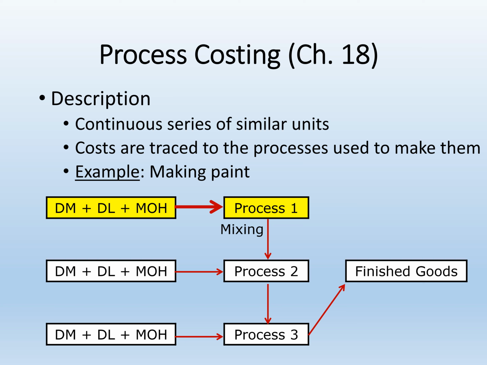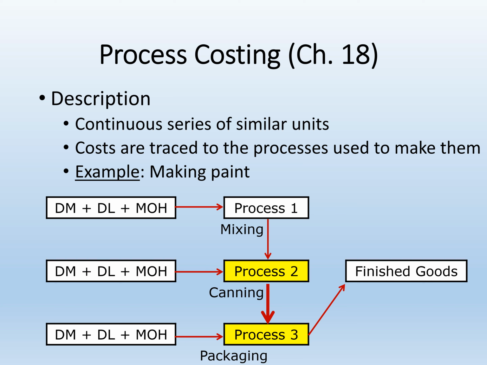Production starts when the materials, labor, and overhead needed to make the paint are sent to the first process, the mixing department. When the paint is all mixed, it's transferred to the next process, the canning department, where more materials and labor and overhead are added.